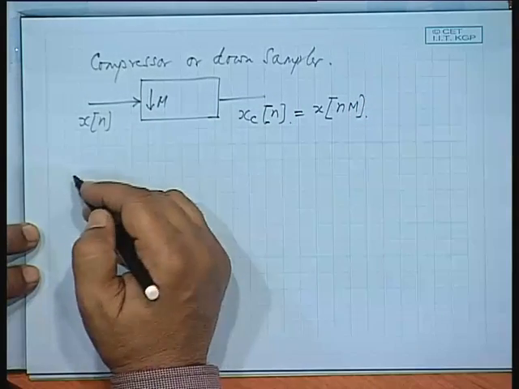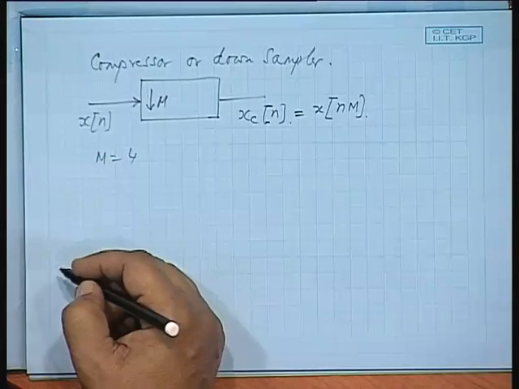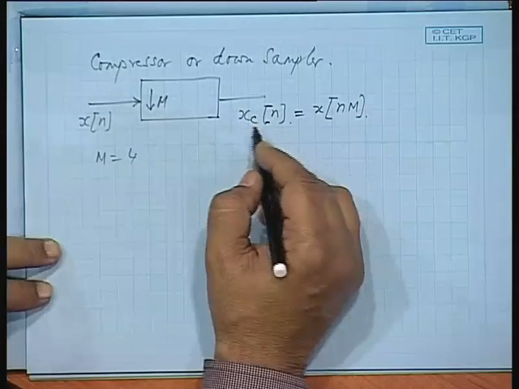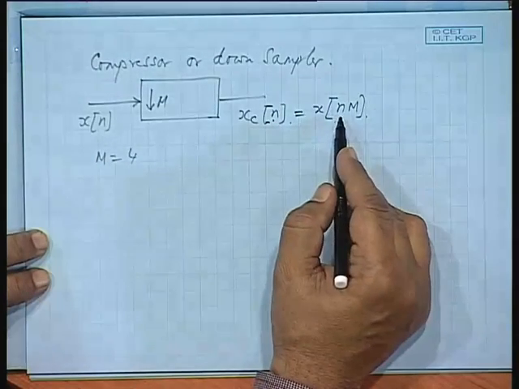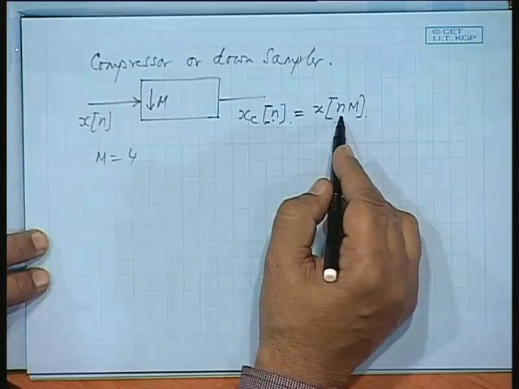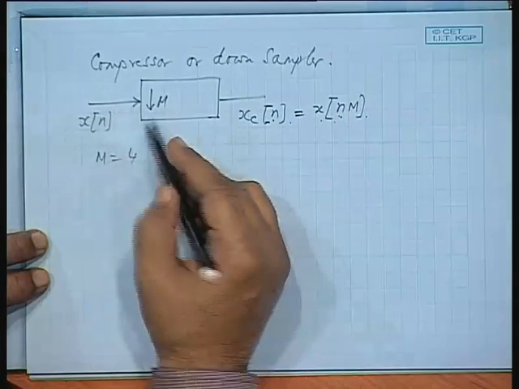I will show it like this. Suppose M is equal to 4, then the first value of the downsampler output is the first value of the original sample. First value we normally write as 0, second value will be x[4], next value will be x[8] and so on.